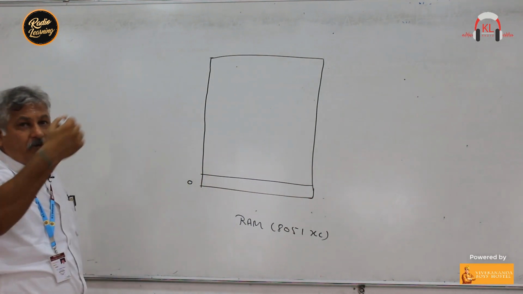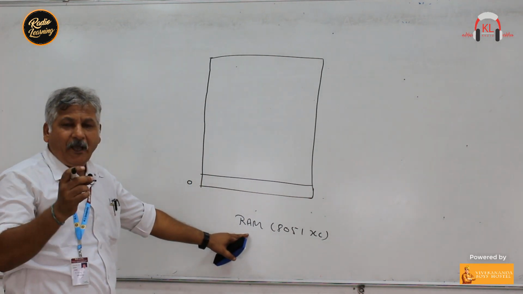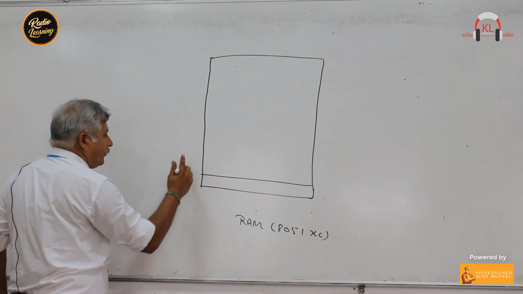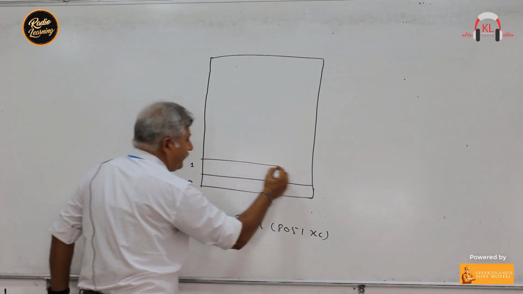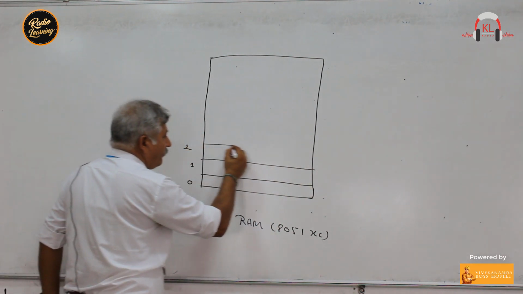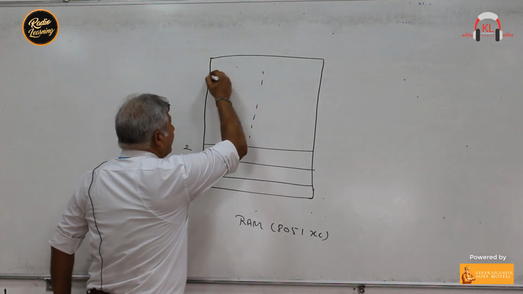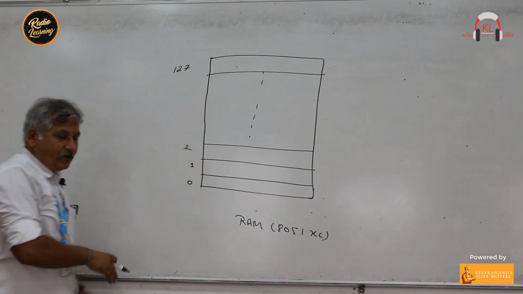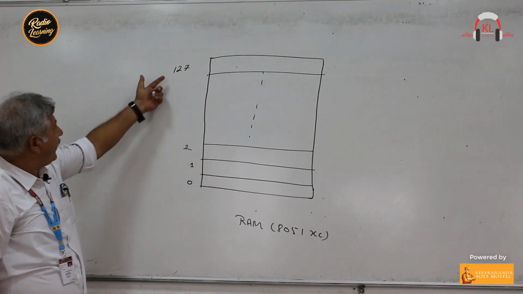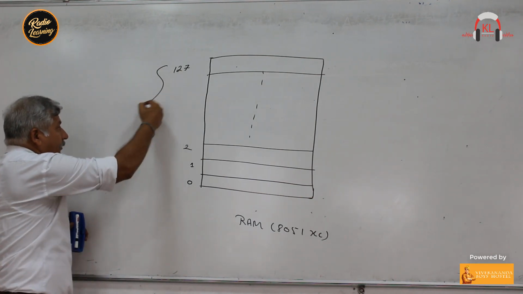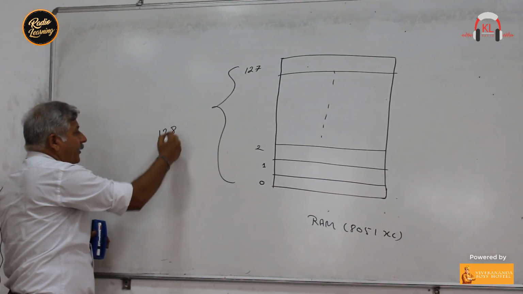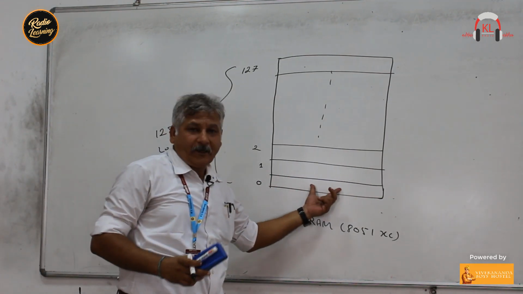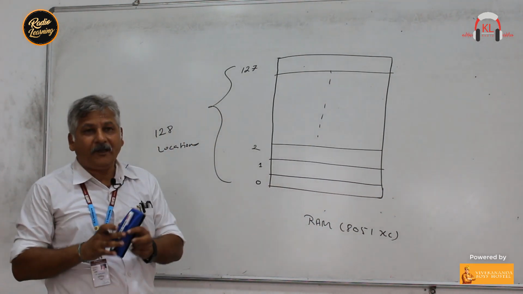All the 128 locations of this RAM have some definite distinct address. Suppose this is location number 0, this is location number 1, this is location number 2, and like this, in the last, it is location number 127. So we start from 0, the last is 127. In total there are 128 locations.